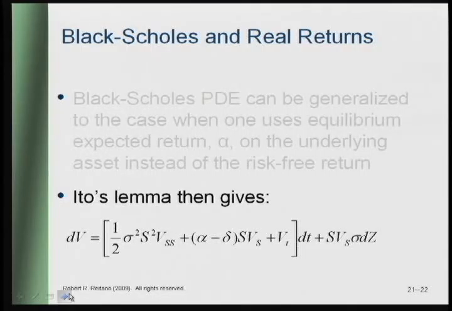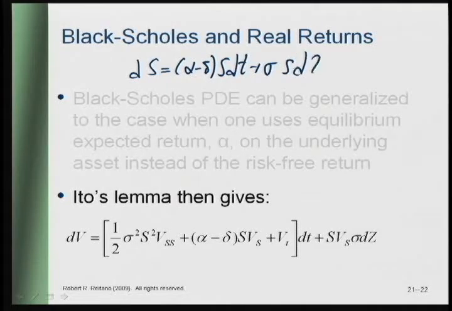So here we're making a model where dS is equal to (alpha minus delta) S dt, and then we have a sigma S dz. So we're using the real-world parameters, and Ito's lemma then tells us that any derivative security must satisfy, in the real world, this process.